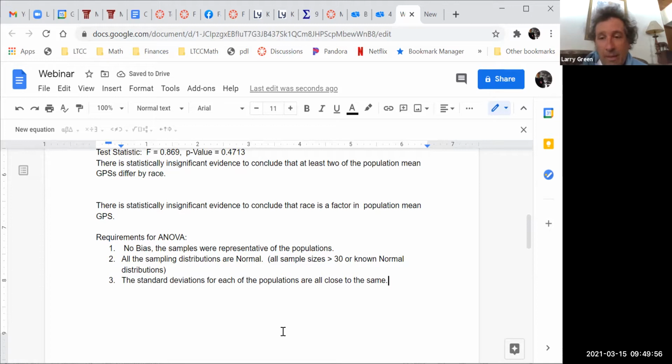Okay. By the way, do we know that for this example? The standard deviations of GPAs for Hispanics, are they the same as Caucasians? Do we know that's true? And are they the same as African Americans? Are they the same as other? The answer is we have no idea, right?